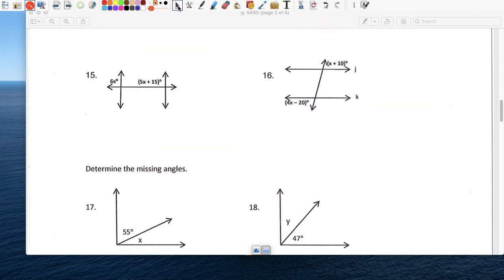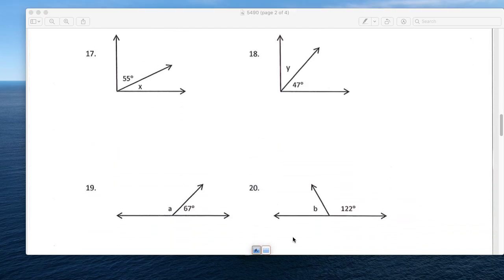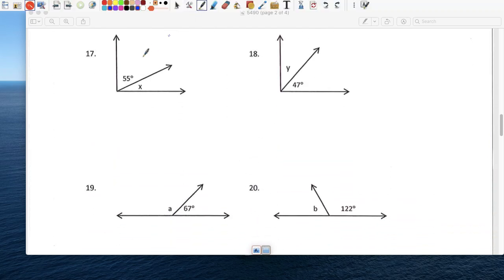Let's see how far I can take this before my battery dies. These two, I guess, complementary, right? So they're complementary, and they forgot to do this. They should have done this, and I'll do it for you. So 55 plus x equals 90, minus 55, x equals 35.